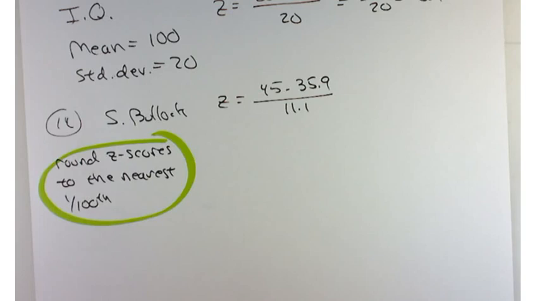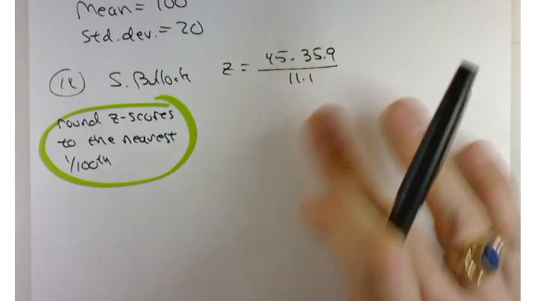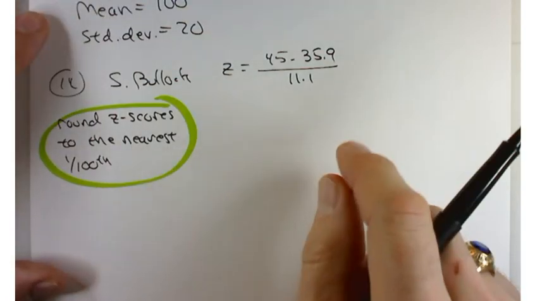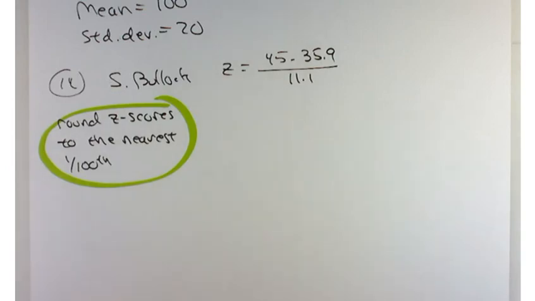All right, feel free to laugh. Remember, this is live. In any case, with z-scores, we can be very consistent, and there's a good reason for that. Later on, we're going to be working with z-tables, and the z-tables are going to require exactly 2 digits to the right of the decimal. So we're always going to round this to the nearest 1/100th.